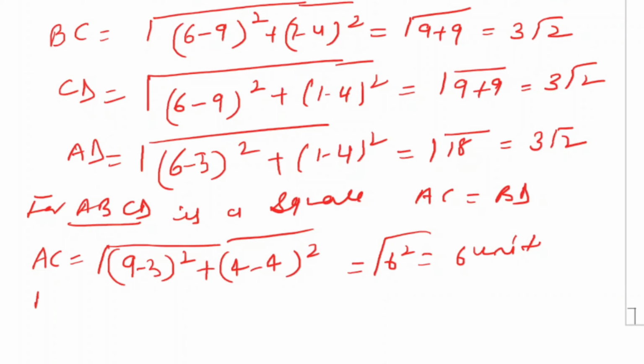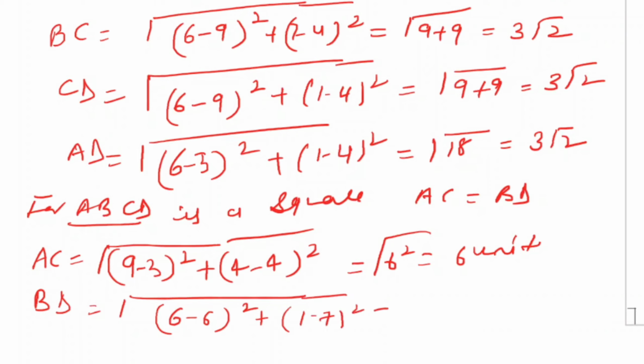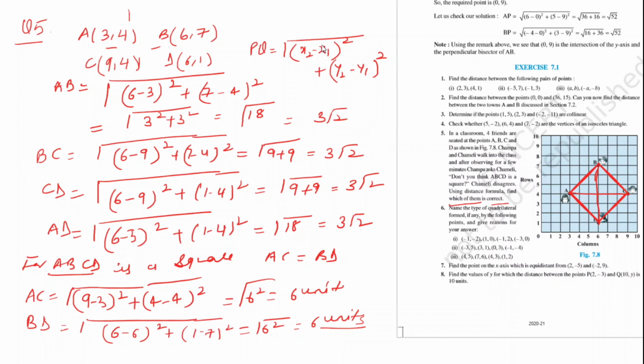BD is the square root of (6 minus 6) whole square plus (1 minus 7) whole square. So this is the root of 6 square, that is 6 units. So the diagonals are equal. Hence, therefore we can say ABCD is a square.